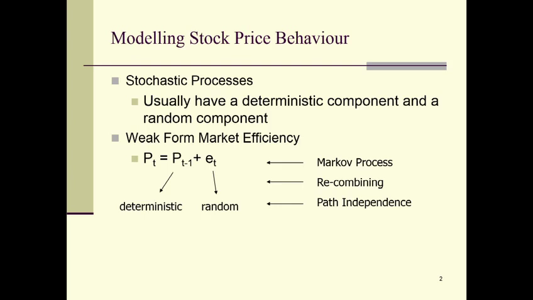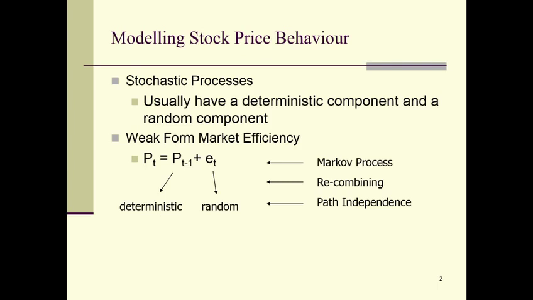So what I have here, this formula here, is both a Markov process as well as a stochastic process that exhibits the properties of a weak form market efficiency. Now, a Markov process looks at a series of random events and attempts to analyze the probability of one event being followed by another.